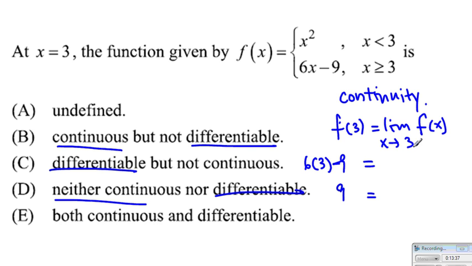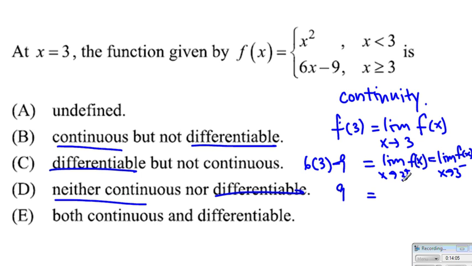In order for us to evaluate that, we need to get both sides. Is it in fact equal as x approaches 3 from the right versus, due to space, I'm just going to write this one, from the left, for the function f of x.